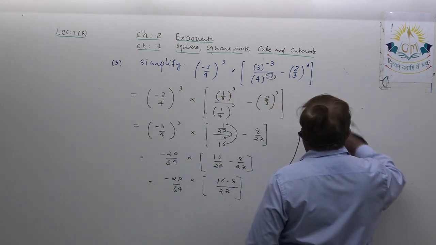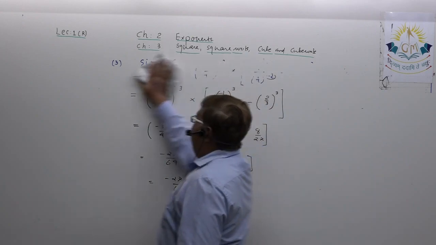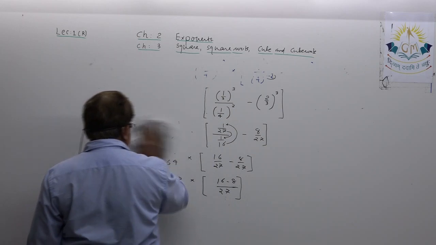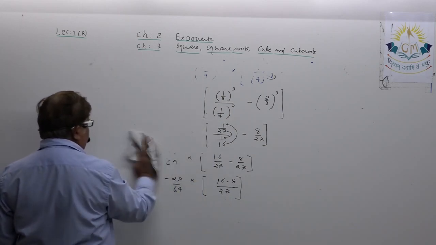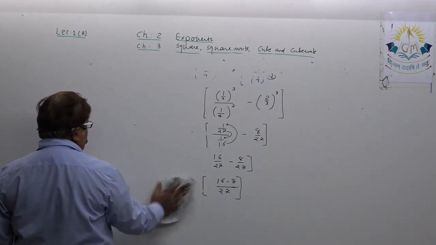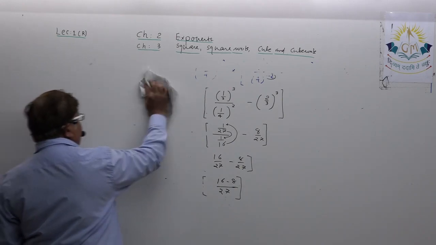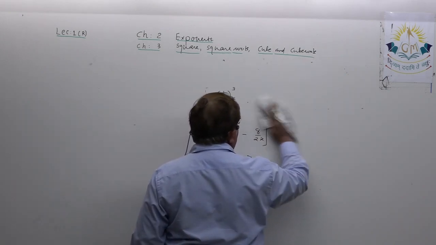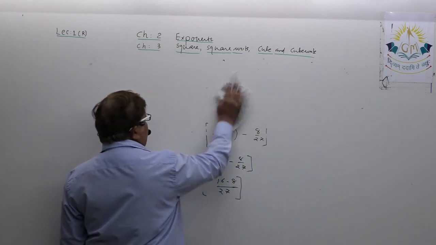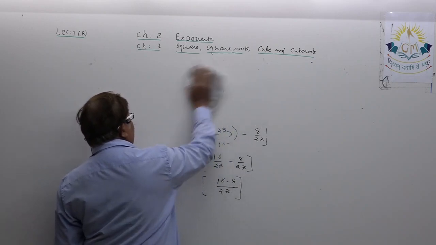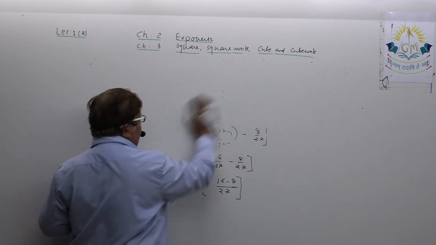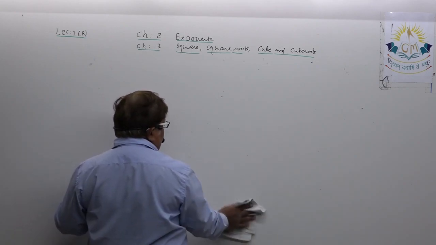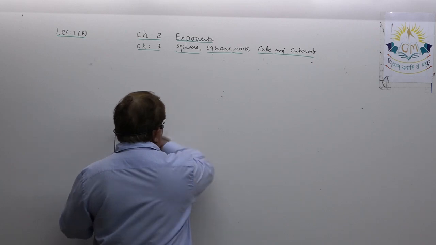Let us go for one more example. See, dear student, you need to keep one thing very clear in your mind: whenever any such mathematical expression comes in front of you, sometimes you may feel a little confused, or it looks difficult, where to start and how to solve this particular example.